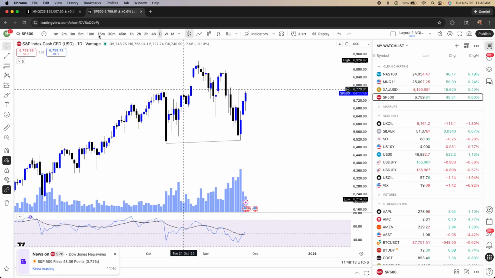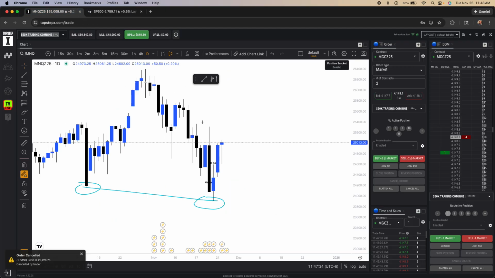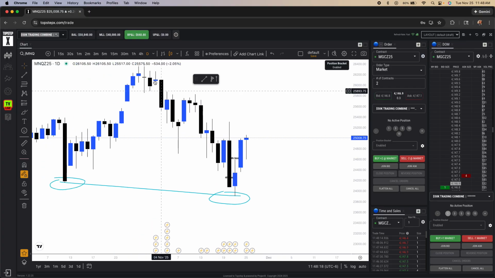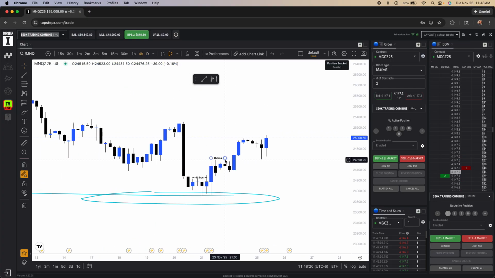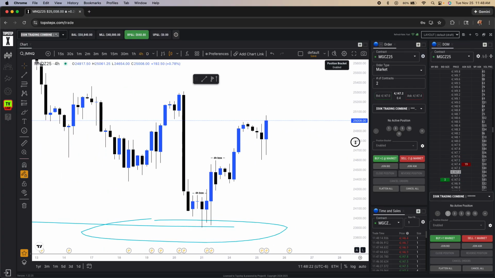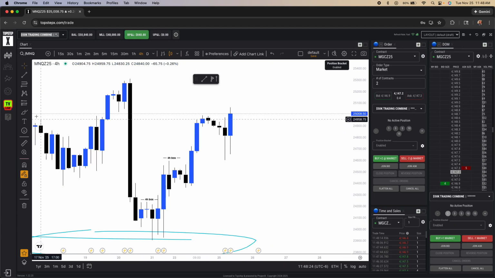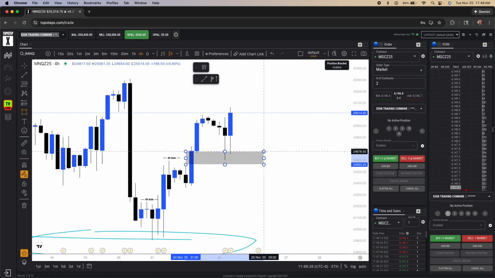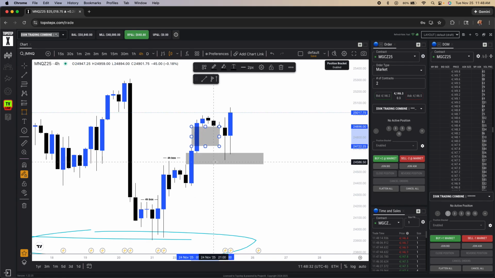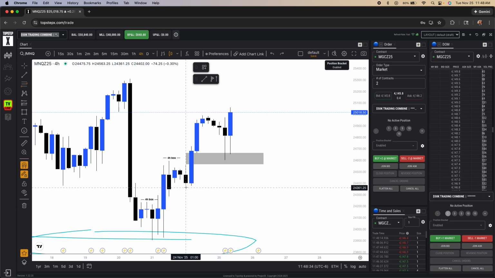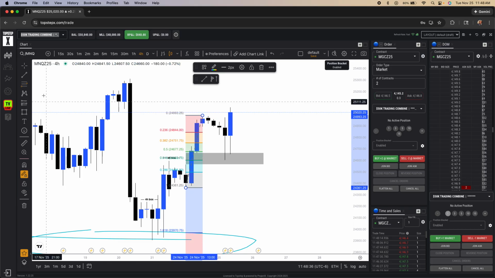But yeah, I saw that coming into today, and then looking at this structure on the 4-hour time frame, we had a 4-hour break of structure to the upside, and so I saw these two imbalances, and this was the one I wanted to see hold more than this one because it's lower in the leg of price from here to here.